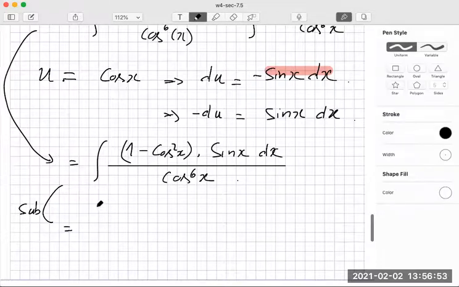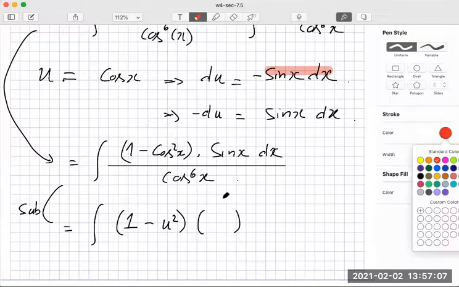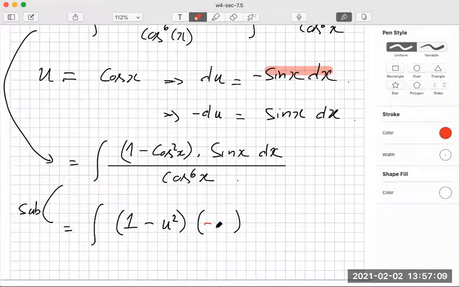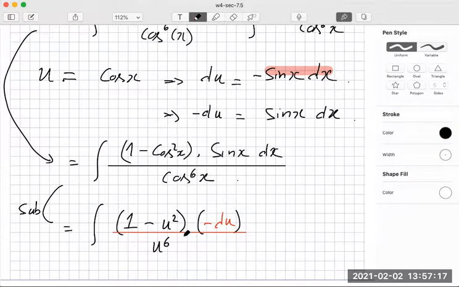It becomes the integral, cosine x becomes u squared here. Sine x dx becomes, be careful, yeah, negative du. And the denominator is u to the 6th.